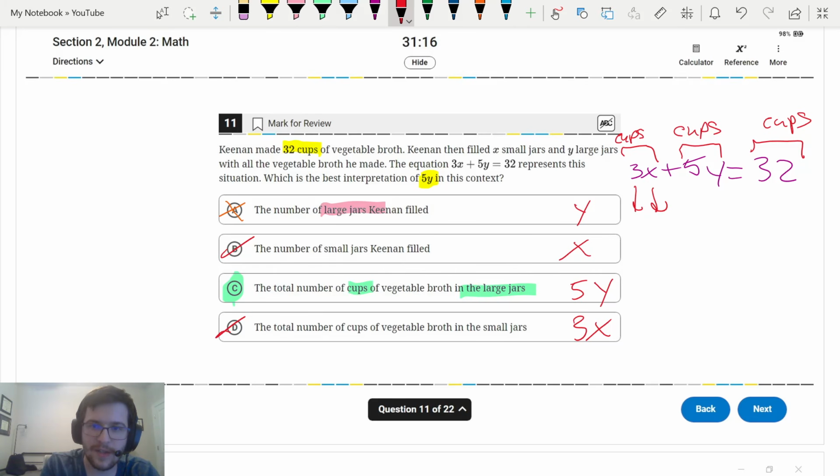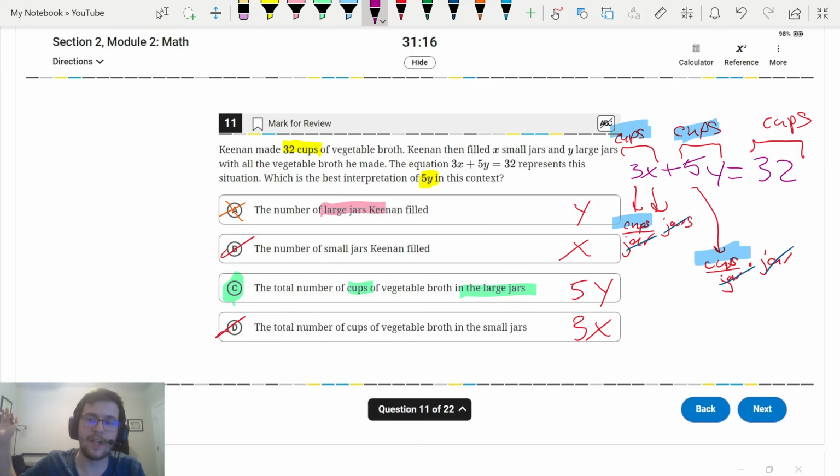The X is units of jars, so the 3 must be cups per jar, and the 5 must also be cups per jar. Because if you multiply by jar, it'll cancel and you'll get cups, which is what we just said the units have to be.